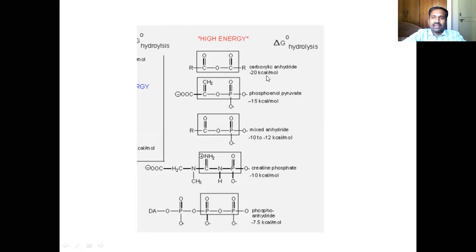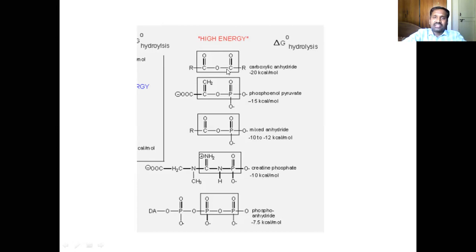Minus 20 kilocalories per mole. And if a phosphoenol pyruvate bond is hydrolyzed, minus 15 kilocalories per mole is liberated. Similarly, a phosphoric acid carboxylic acid mixed anhydride, when hydrolyzed, liberates minus 10 to 12 kilocalories. And a bond like this, which is present in creatine phosphate, when hydrolyzed gives 10 kilocalories per mole.